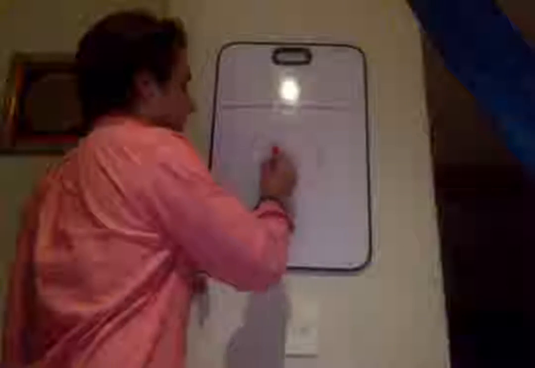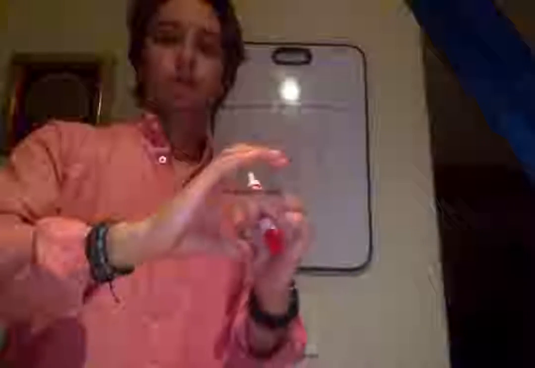But this is B, and that'll be C. This would be the radius A. Then, from the center to the beginning of the shell, we have the radius B. And from the center to the end of the shell, we have the radius C.